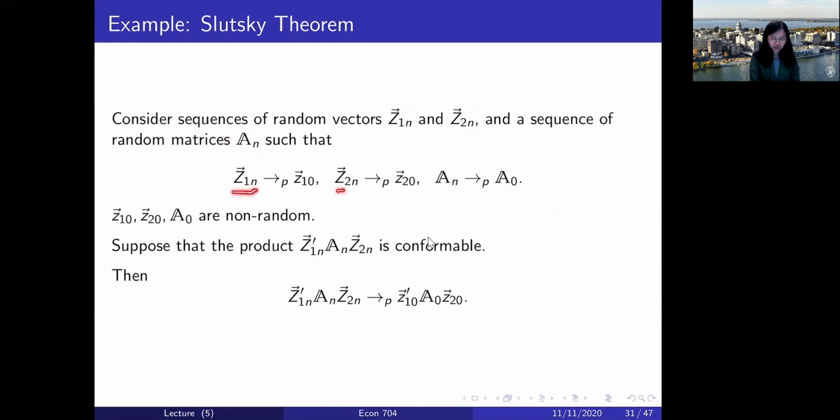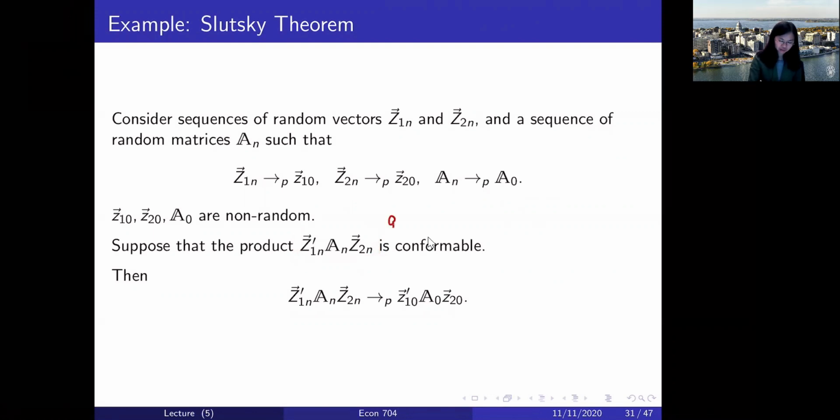Let's say all three arguments converge in probability to some non-random limit. And now consider the product of the three. Let's suppose this product is conformable.